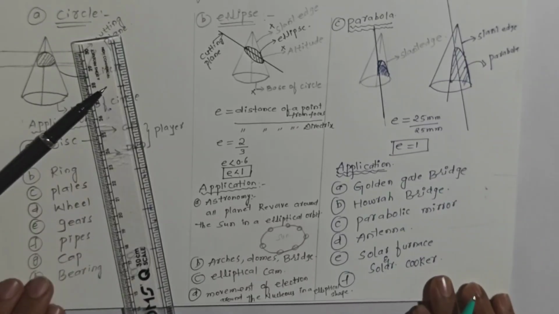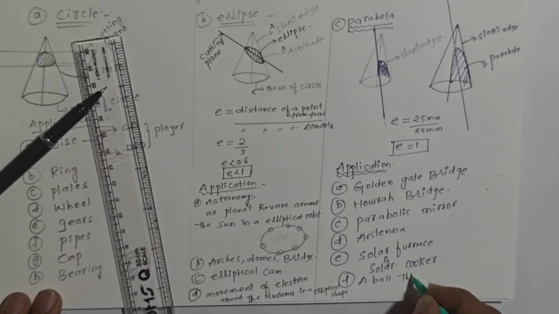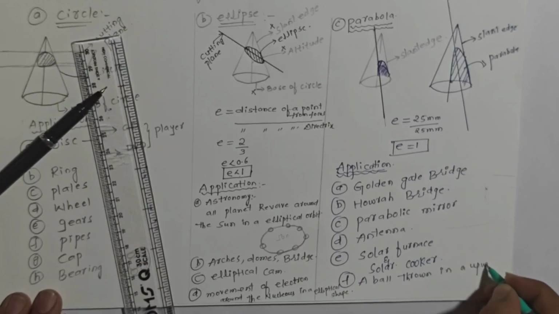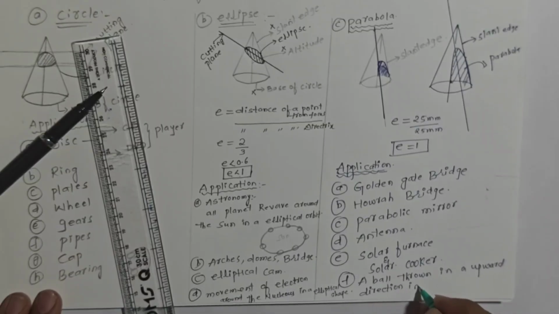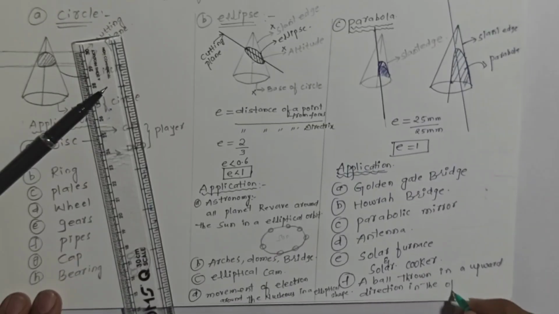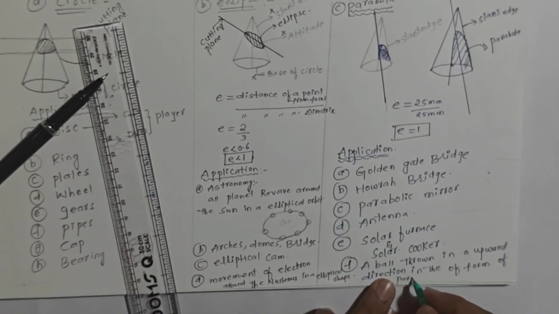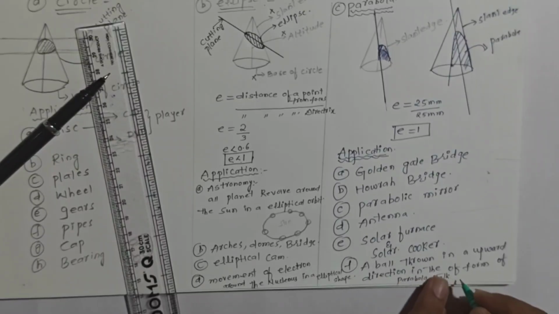Then you can write: a ball thrown in an upward direction moves in the form of a parabola path under gravity.